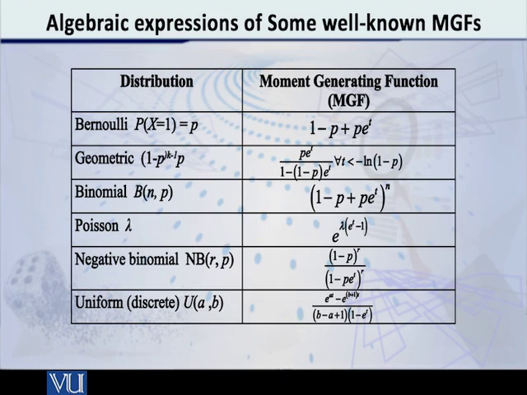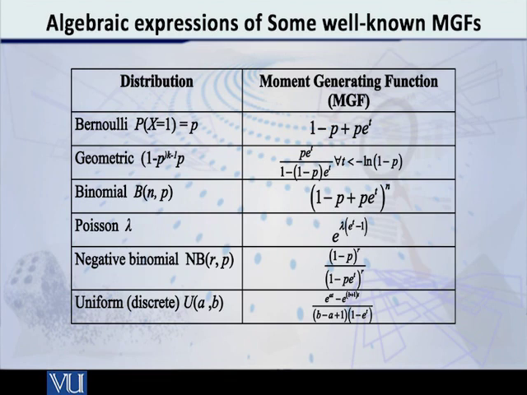The geometric distribution, which is also well known, उसका जो MGF है, उसका expression है p into e raised to t divided by 1 minus q e raised to t, where q itself is given by 1 minus p, and this expression will hold for all those values of t which are less than minus log natural of 1 minus p.